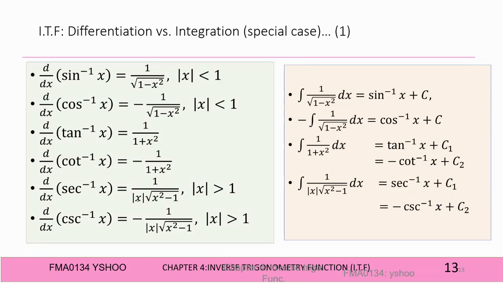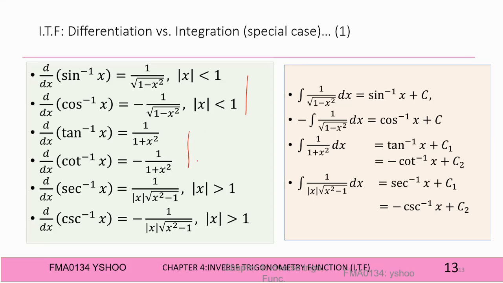The x must sit inside an absolute. Sometimes in certain books they don't put an absolute, but keep the habit of writing the absolute here. Because sine and cos share the same value, the only difference is the sign.